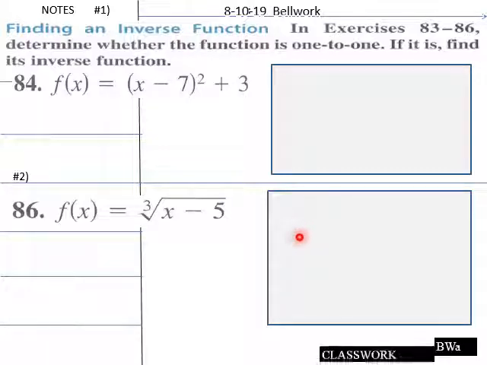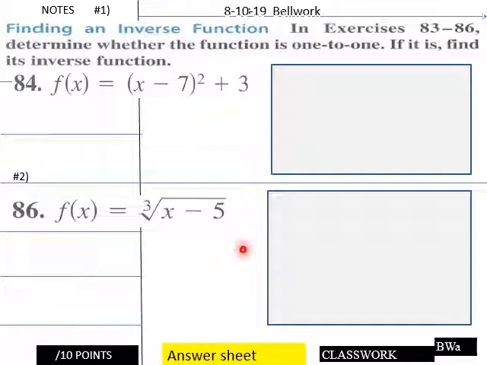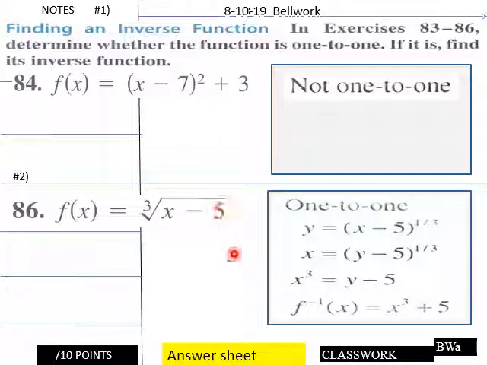Okay, welcome back for the solutions to today's bell work. Up here, number 84 is not one-to-one because of this square, the square of this difference. It will not be a one-to-one function. This one is one-to-one, and to find the inverse you take the cube root of x minus 5, and then you cube both sides.